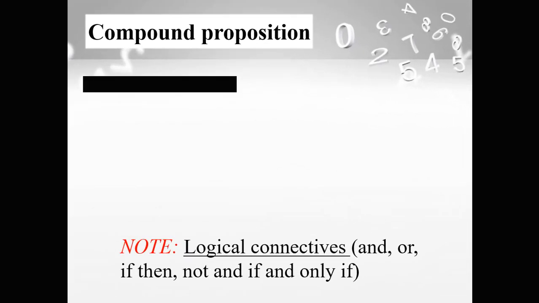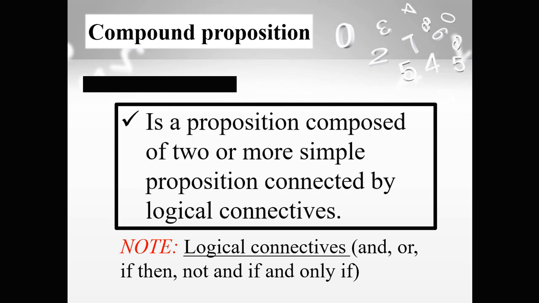Unlike the compound proposition, it is a proposition composed of two or more simple propositions connected by logical connectives, such as and, or, if then, not, and if and only if. So meaning here po in compound proposition, yung given na proposition is meron ng logical connectives at make sure po na yung statement mo is can stand alone.